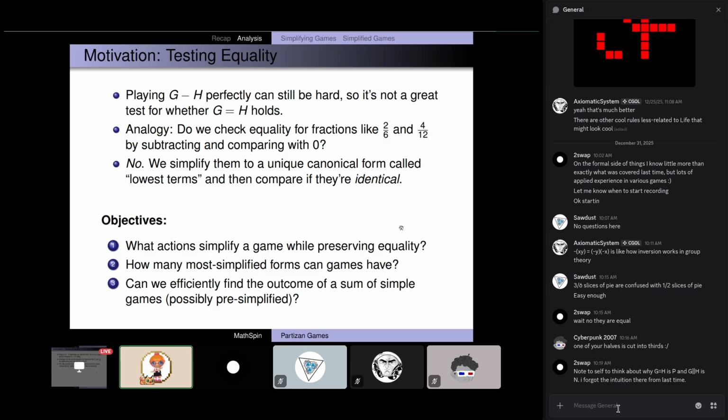Summing fractions takes some work, and you've got to remember how to do it. But we're summing games, and we'll see if we can do it efficiently, and how, and when we can do that. Maybe not for all games. That's why I say a sum of simple games, maybe in easy cases. That would be nice to have once we understand how we can simplify games. So those are the three objectives I would like to address.